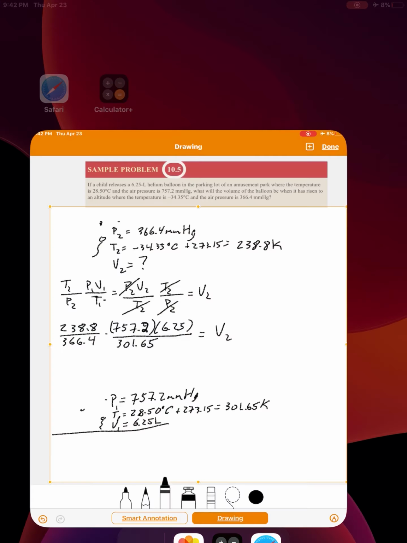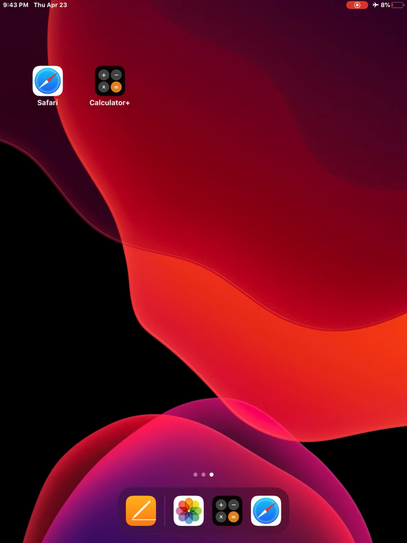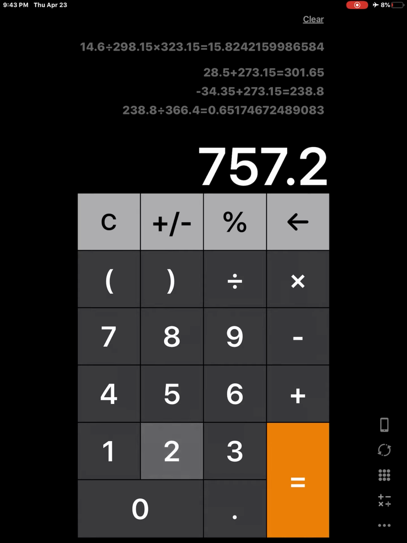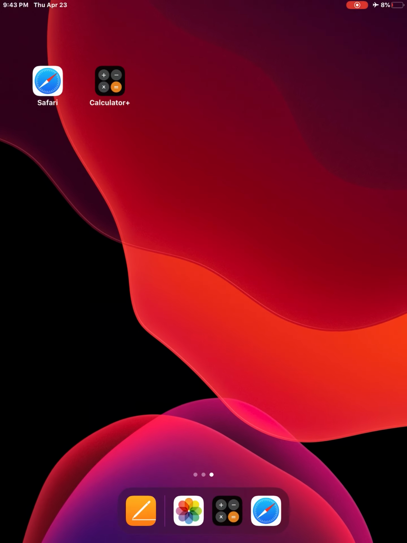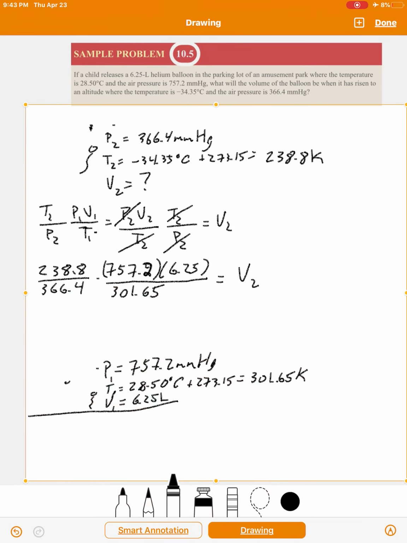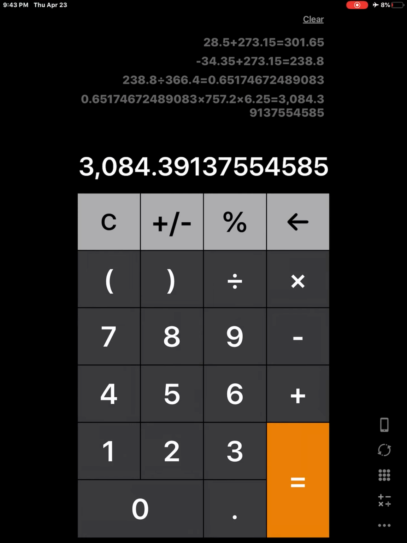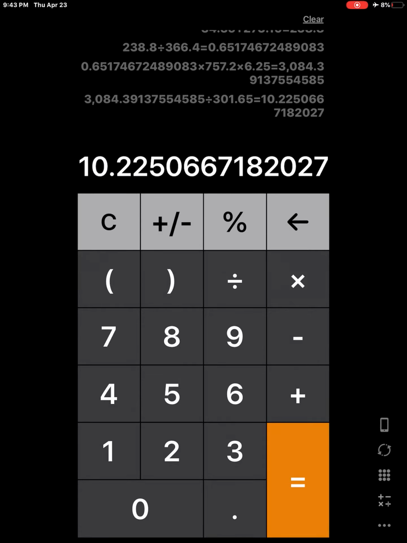Then we're going to multiply it by 757.2, and we're going to multiply it by 6.25. 757.2 times 6.25. Then we're going to divide it by 301.65. And there you go, 10.2.